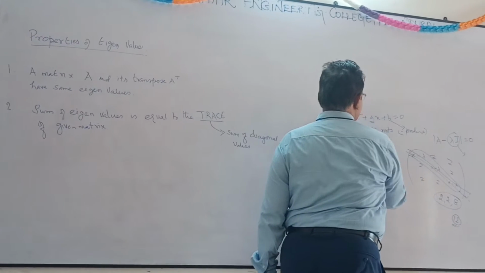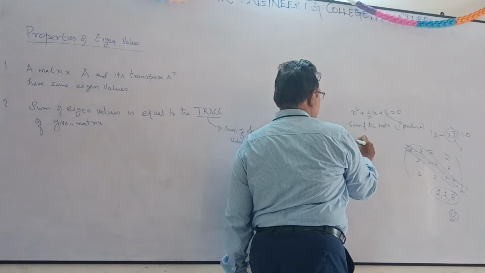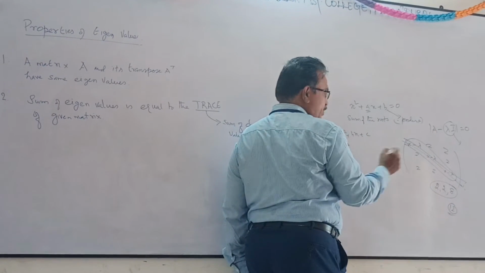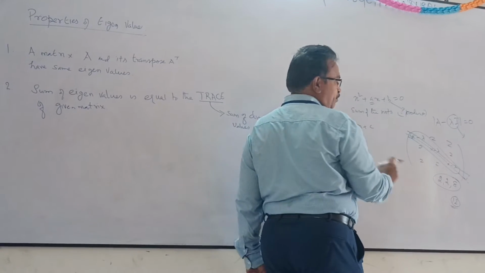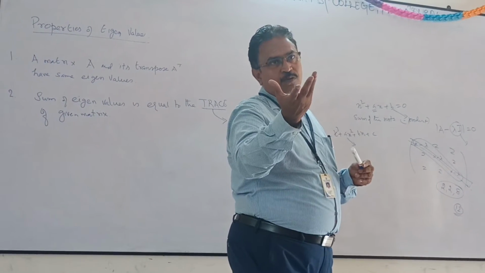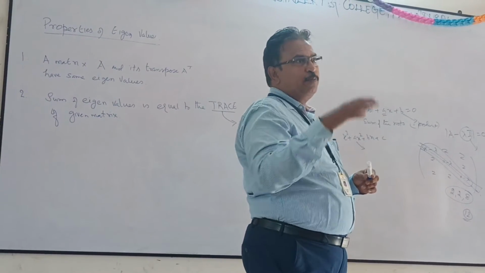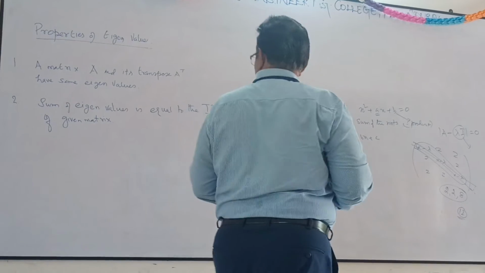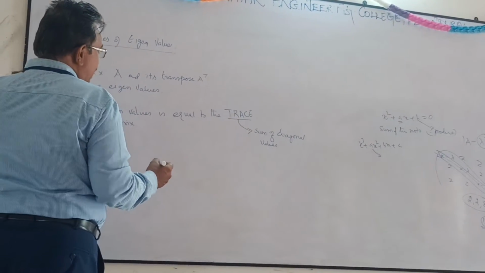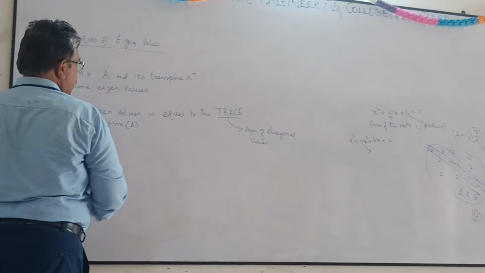When you have x cube plus ax square plus bx plus c, we have the sum of the roots taken one at a time, two at a time, and three at a time, which is the product of the roots. Based on this principle, we have formed the formula. So the sum of the eigenvalues is equal to the trace of the given matrix A.